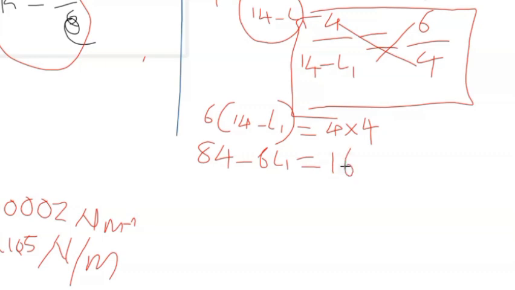Now the next thing is I'm going to collect like terms. That is, I have a term that is different from the rest, so I will carry this one to this side, and this 16 will come to this side. You know the mathematical principle, their signs are going to change. So what I'm going to have here is 84 minus 16 equal to 6L1, in this order.